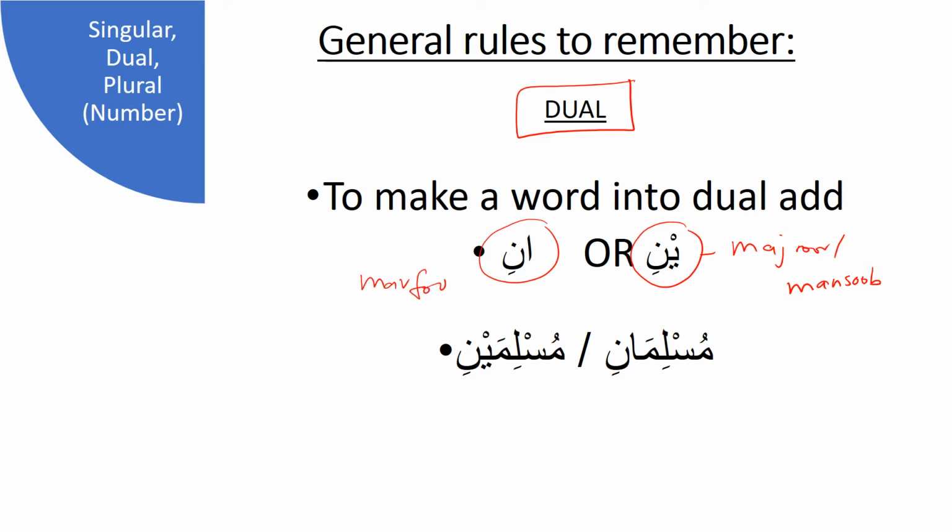So for example, muslimani is marfu. So as soon as you see ani at the end of a word, it's a dual. Or if you see aini at the end of a word, then it is dual and it is majroor or it is mansub.